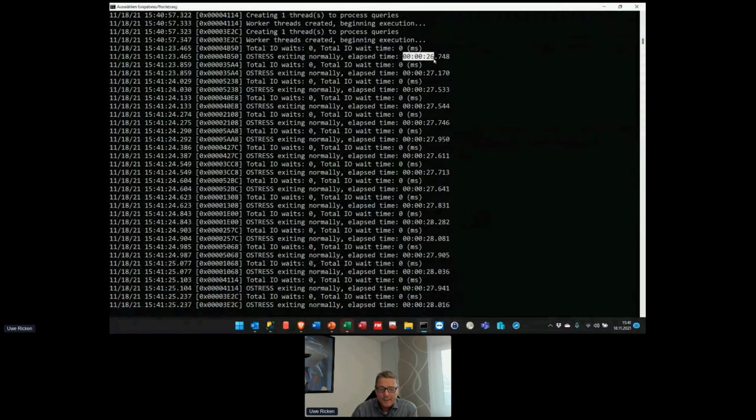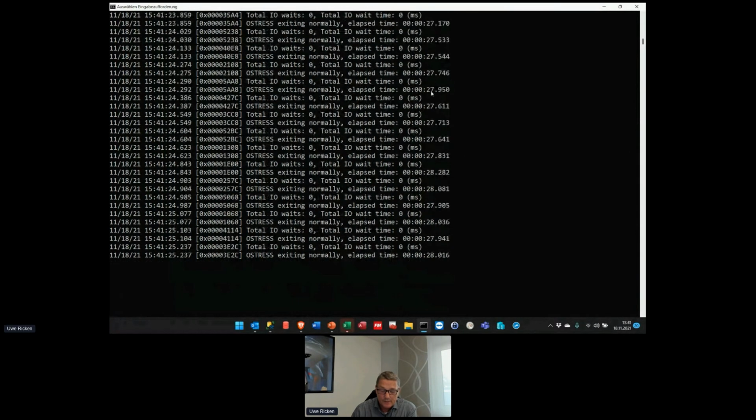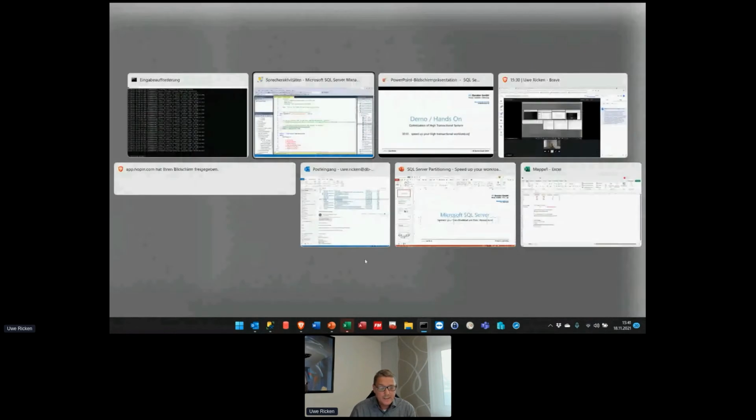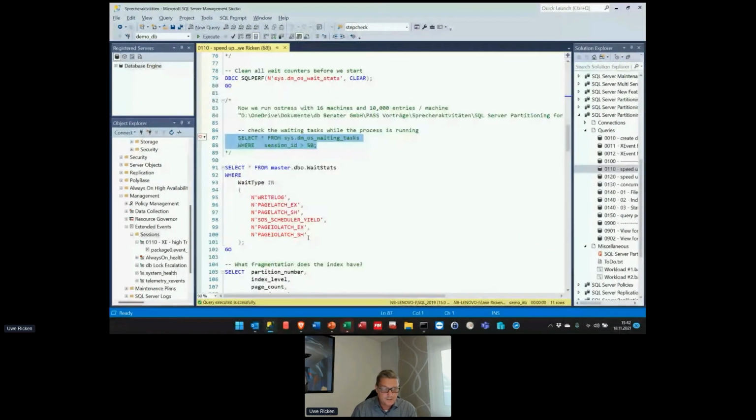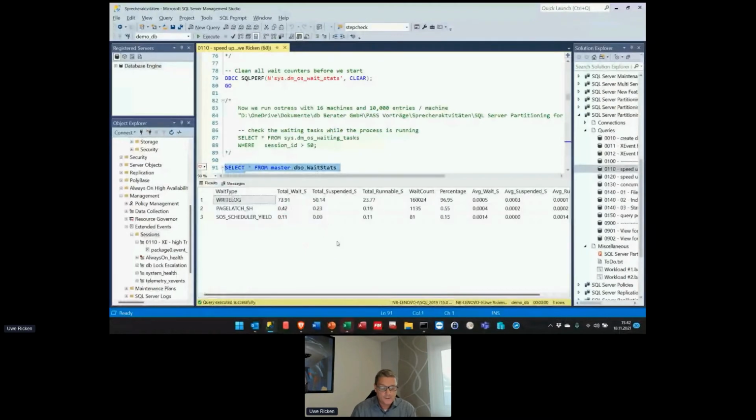For entering 10,000 rows, this process took 26 seconds. To be honest, this is a very, very high value. 27 seconds. And what we see here is that it is growing. The consumed time is growing and growing, so it takes longer and longer. The reason for this is that we were waiting for the resources. And what we can see here is what SQL Server is waiting for.